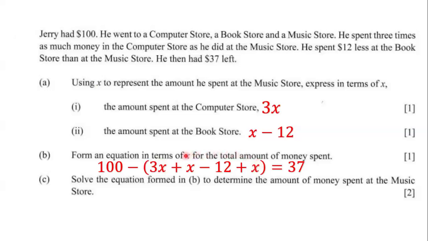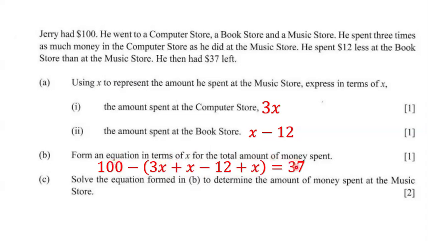And so this is the amount that he spent, right? But how much money did he have? Well, he had $100. So we add up the amount that he spent and we subtract that from $100.